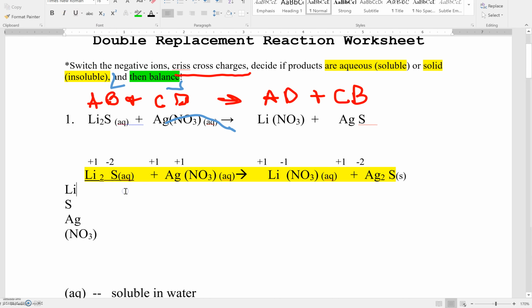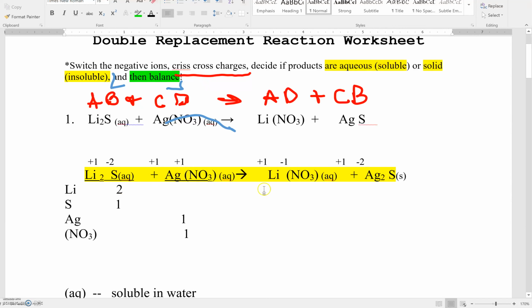Under that thing, I have 2 lithium atoms and 1 sulfur atom, no silver and no nitrates. Under silver nitrate, I have none of those, but I do have 1 silver and 1 NO3.